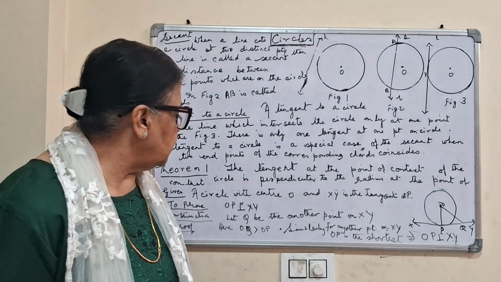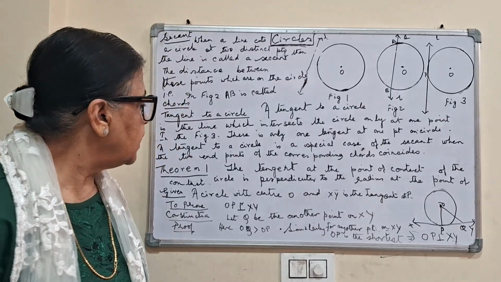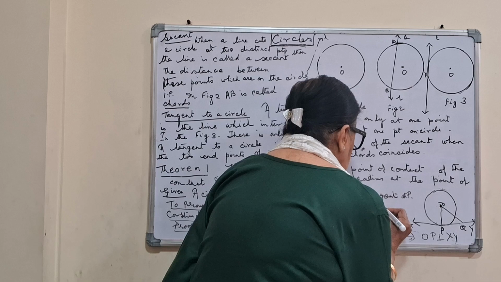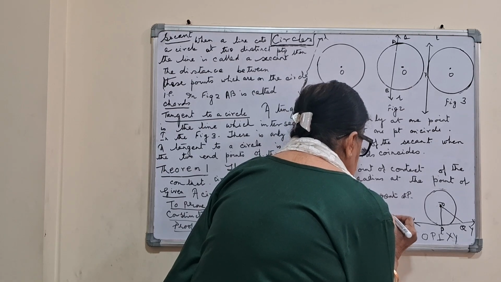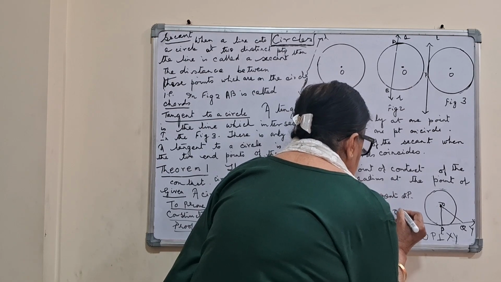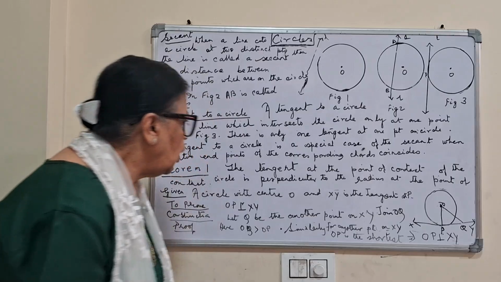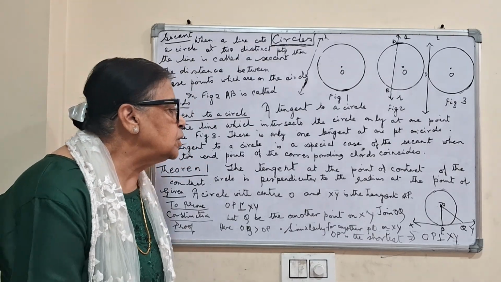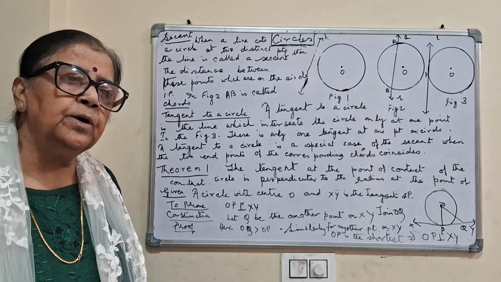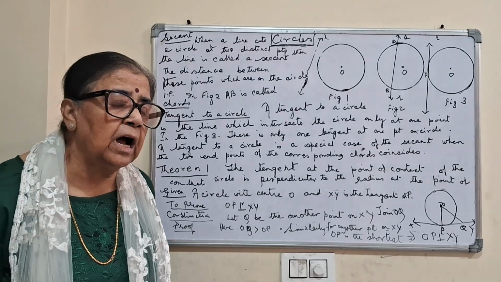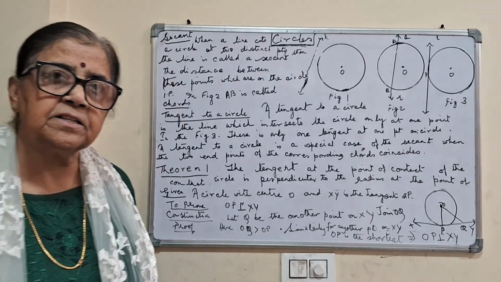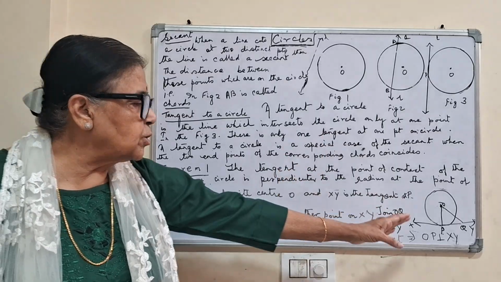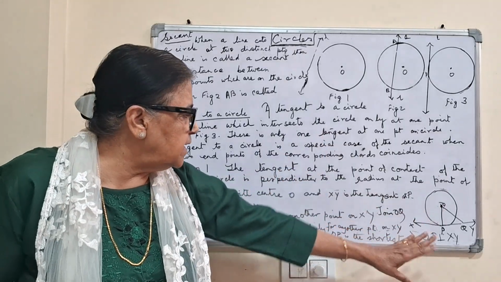We join OQ. Now OQ is obviously greater than OP. Why? Because P is on the circle, Q is outside the circle. Outside the circle is greater than the radius, inside the circle is less than the radius.